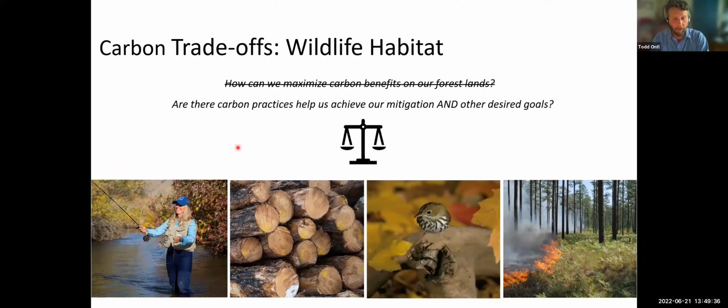Can we be enhancing carbon while we're still generating wood products? We haven't talked about wood products yet because we're really focused on forested ecosystems, but carbon is stored in harvested wood products, depending upon the lifetime of those products. So I think the place to start is to look for those win-win situations where we can be working towards multiple goals.